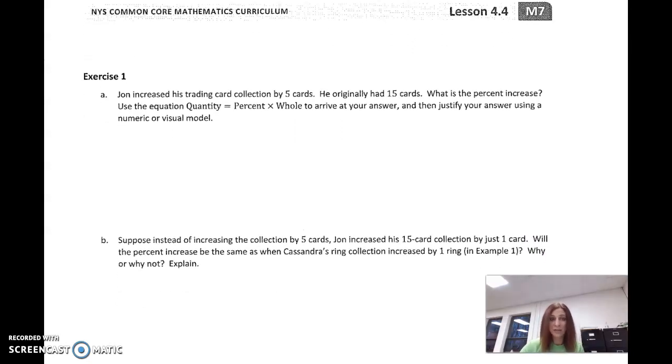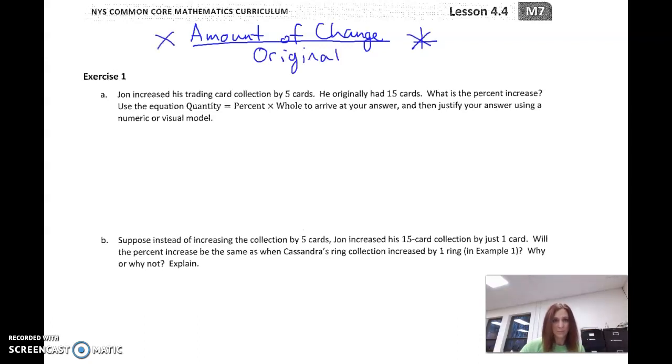For a percent increase or decrease, you can take the amount of change and divide it by the original amount. So we can take amount of change and divide it by the original amount. Okay, so let's try a couple examples of that.